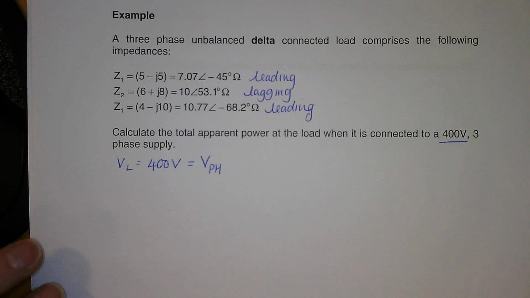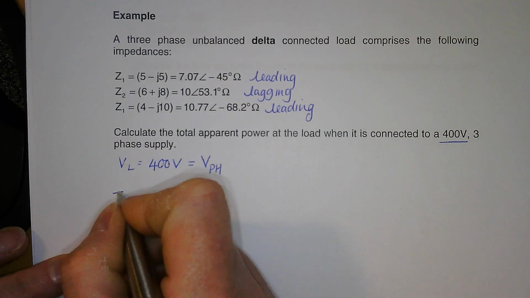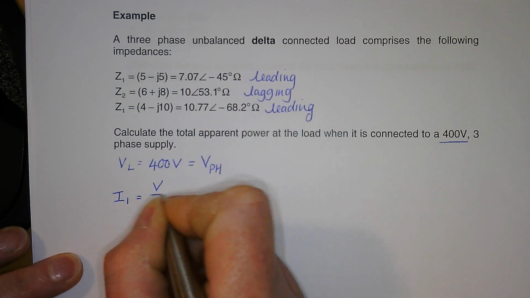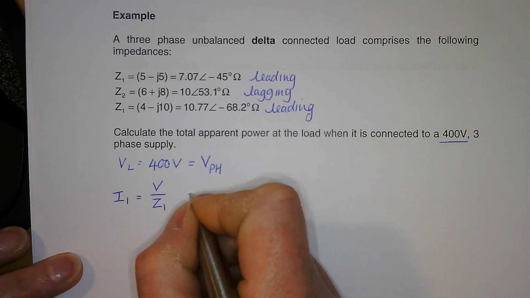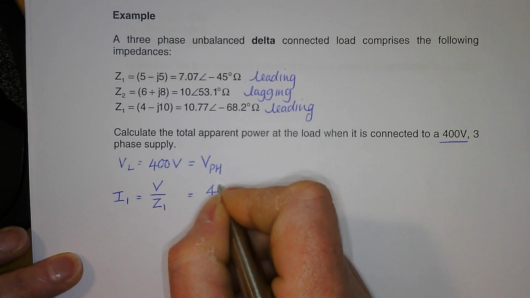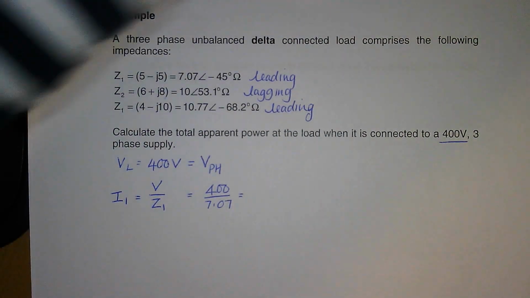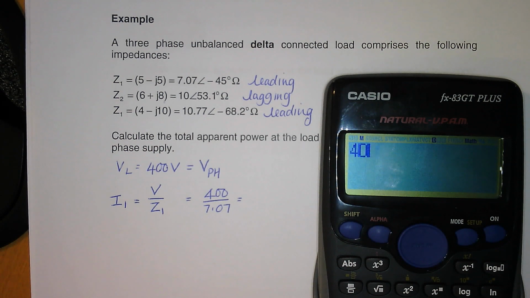So we've got our three impedances, we've got our phase voltage, which is the same as our line voltage, so now we can go on and do our currents. And we're just using our magnitudes again. Magnitudes only, that's why I've picked this method, because you don't have to bother.